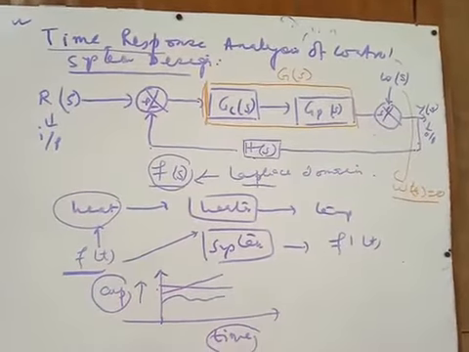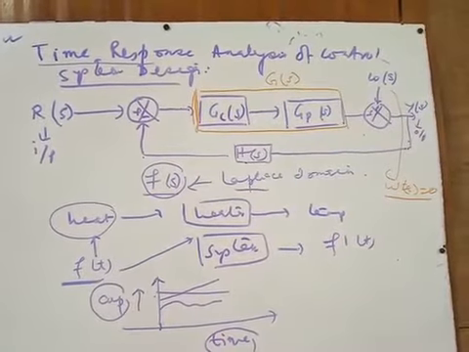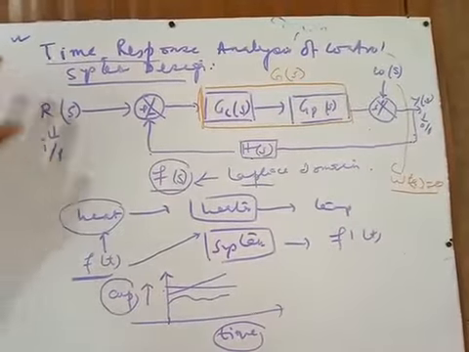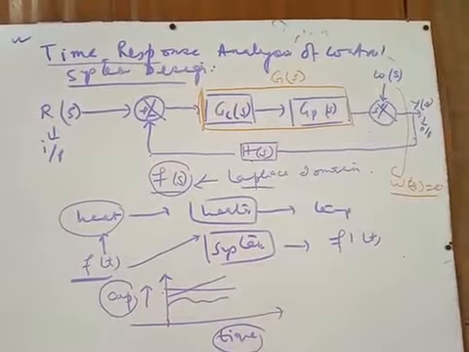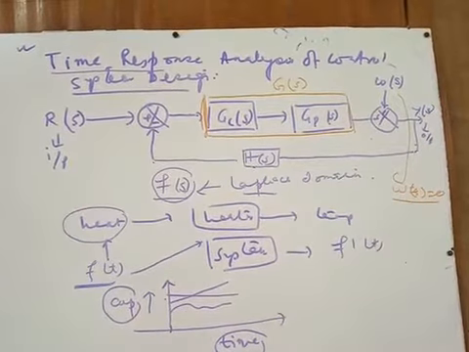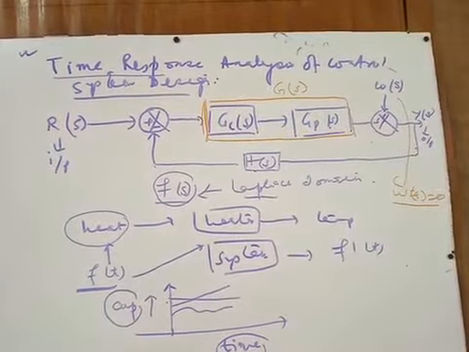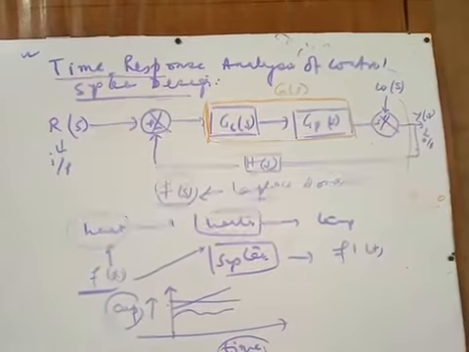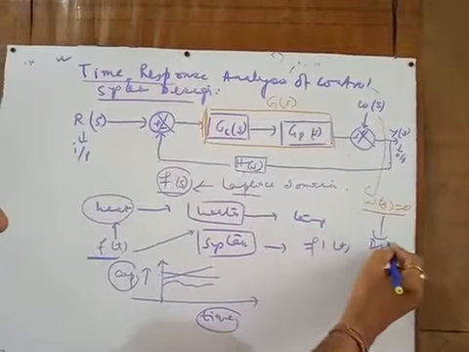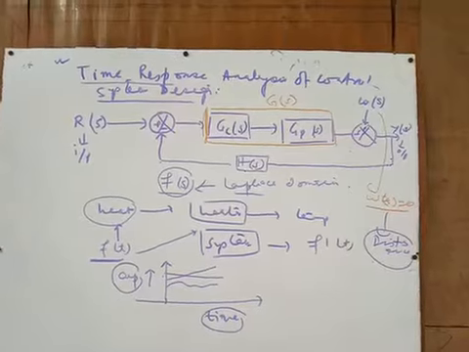What I've told you earlier is that W is the disturbance, because whenever any process is running, there is a certain kind of input, but you never know what disturbance may come to the system while the process is running. So for simplicity, for the calculation purpose and for understanding the system, we generally use W(s) equal to 0. This is known as the disturbance, and we neglect it to make the calculation easier.